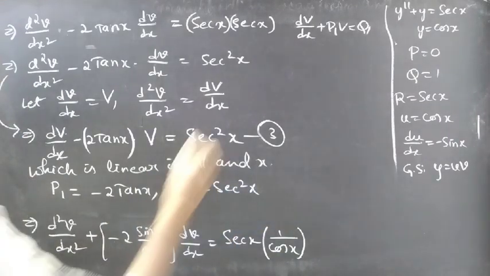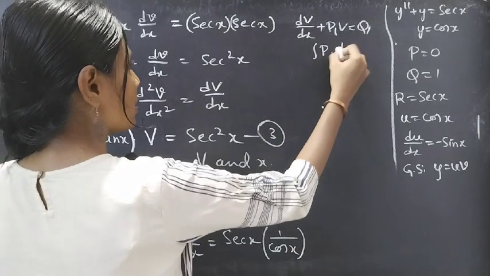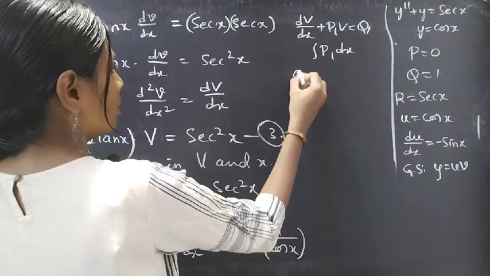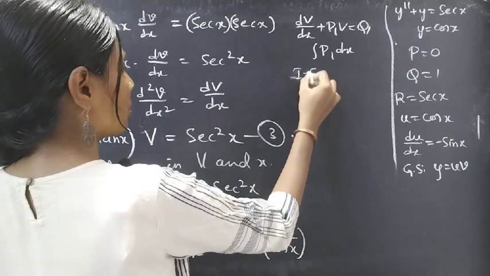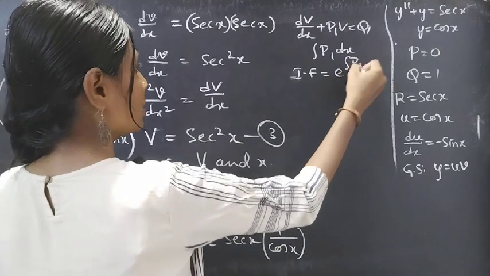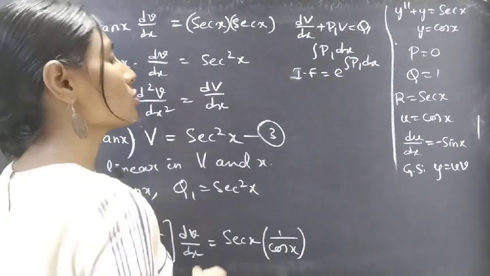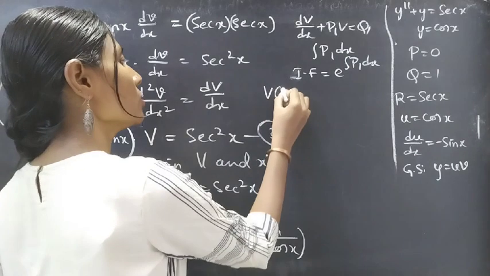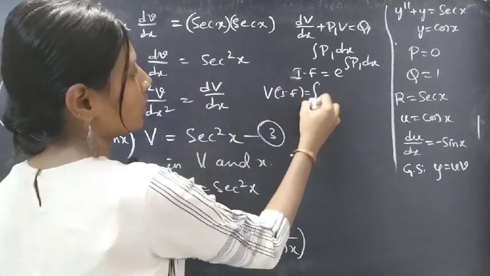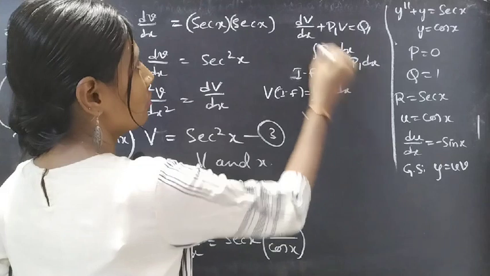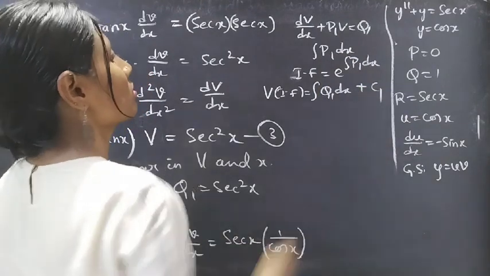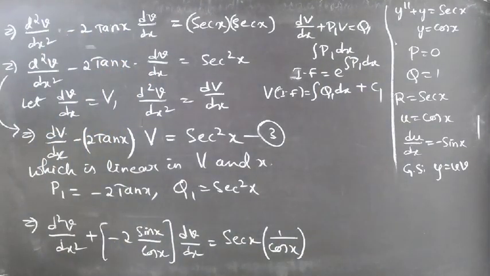So now we need to find the integral of p1 dx and the integrating factor, which is given by e power integral p1 dx, and later we'll find the solution using V into the integrating factor equal to the integral of q1 into the integrating factor dx plus c1.